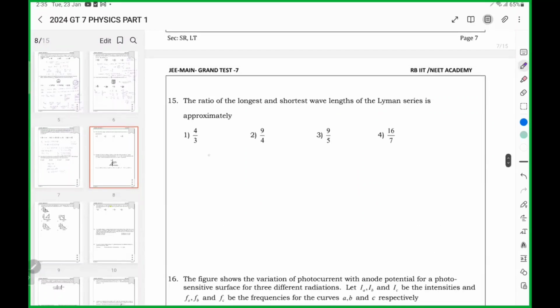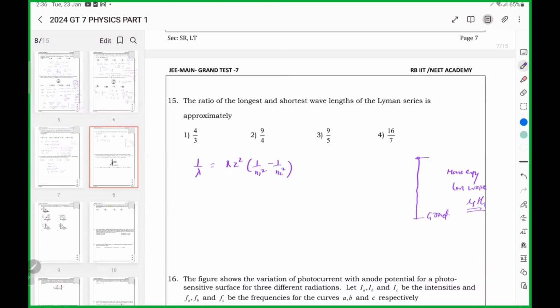Here, the longest and shortest wavelengths we can find by using this. If any photon is ejected from the infinite orbit to the ground state, it will have more energy and less wavelength.